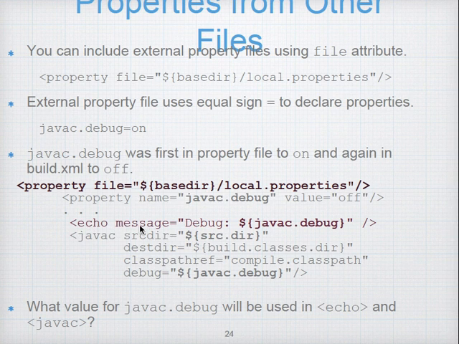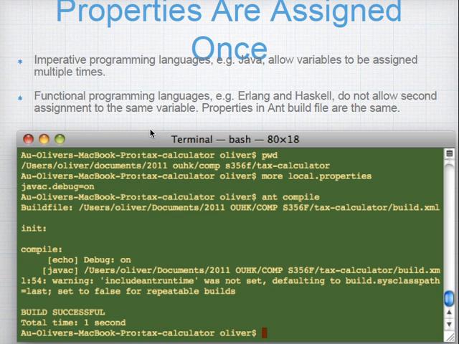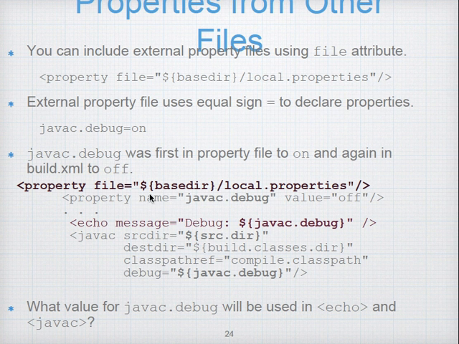I echo this message, debug, and then give the variable name. When I run it, I find out that the echo task prints out this message is on. So that means when this build automation file was used, as long as it's defined once in this property file, subsequent effort to change it to off will have no effect.